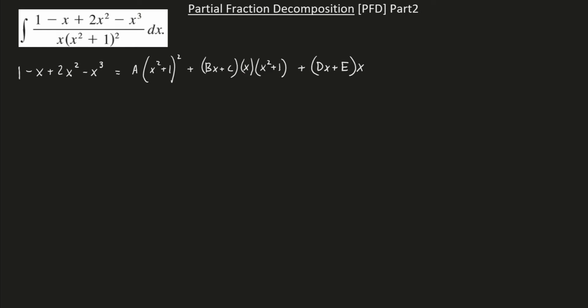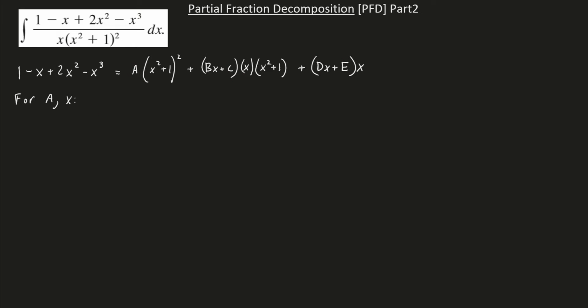Alright, so if I'm following the PFD step 3 that we built up in the last video, I want to figure out what my A is first, which means I need to figure out some value to plug in for x such that it eliminates B, C, D, and E, but leaves A okay, so that I can solve for what A is equal to.